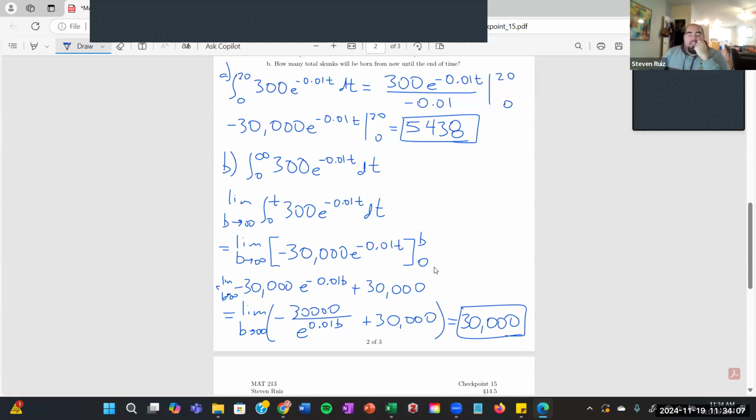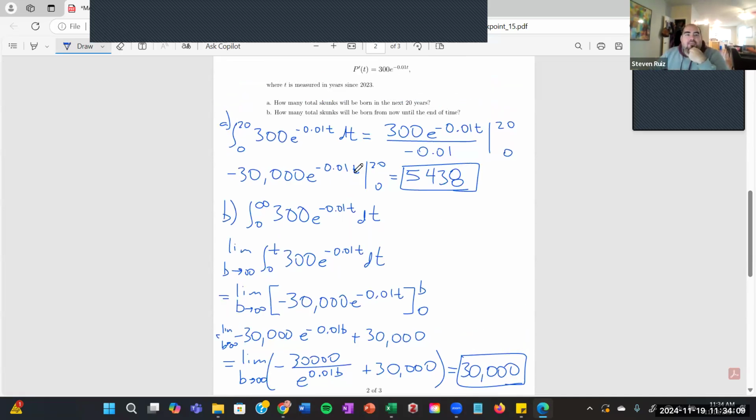And now that I'm saying this, I expected these to be a lot closer together. So I want to go back and look at part A again. I am sure about the 30,000. When I plug in 20, let's just work it through one more time. So 0.01 times 20.